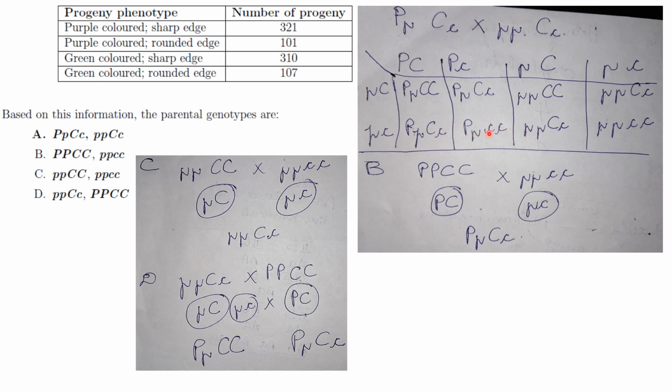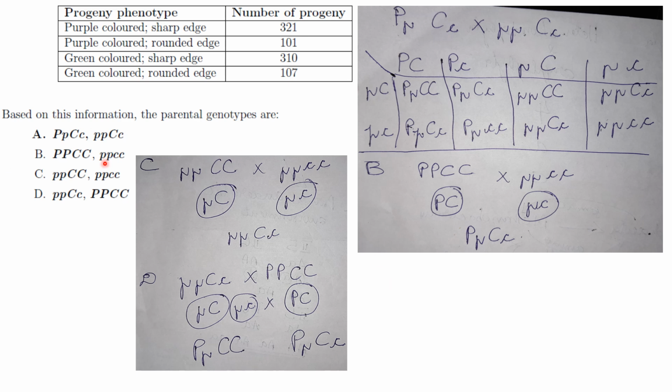Here is another offspring. Then green colored with sharp edge, that is there in the offspring here. And green colored with rounded edge. So all these four offsprings are present upon crossing these two parents.